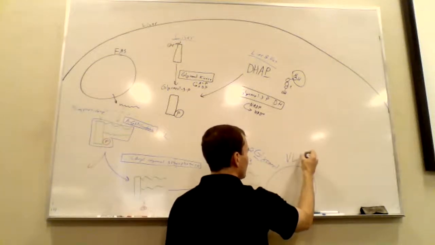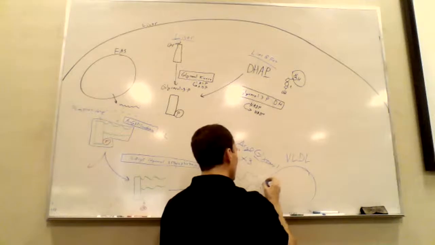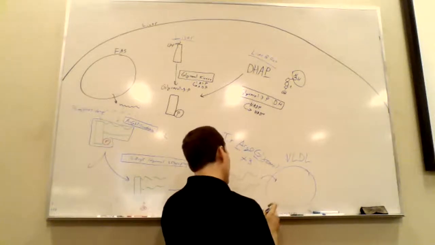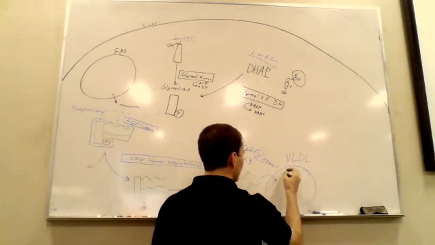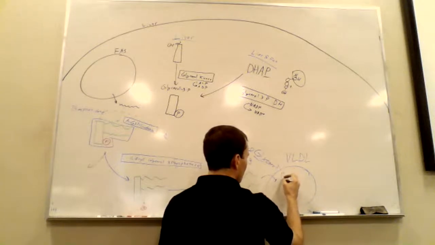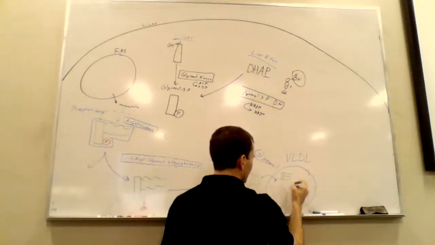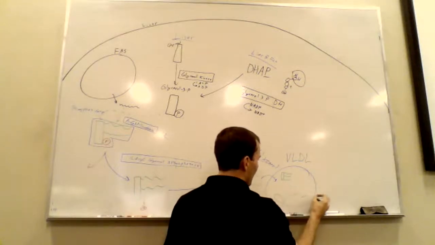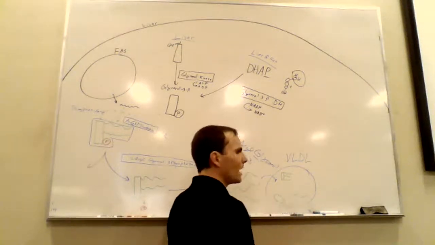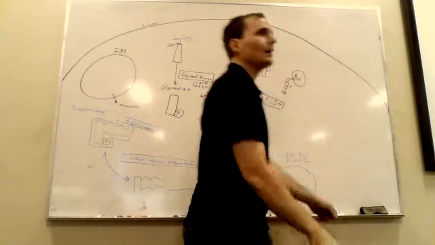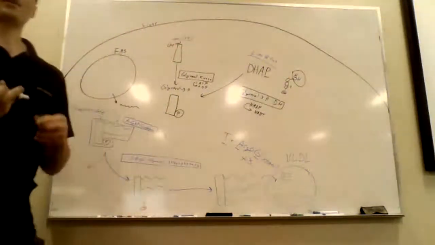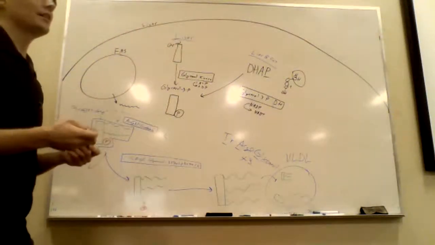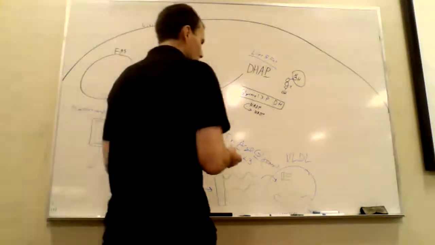So VLDL is going to be stuffed full of things that blood really doesn't like. Hydrophobic TAGs. It'll also have cholesterol. It'll also have some free fatty acids. And it can also have some other hydrophobic things stuffed inside of it, like vitamin A, vitamin E, vitamin K, vitamin D, all the fat-soluble vitamins, A, E, and K.